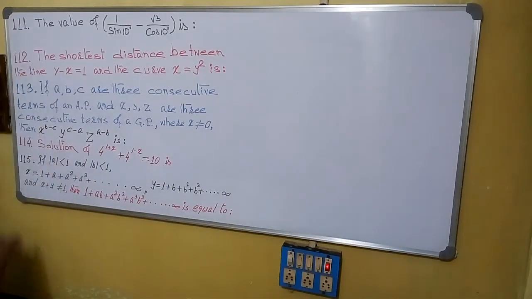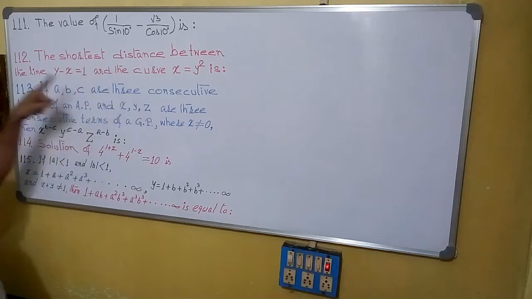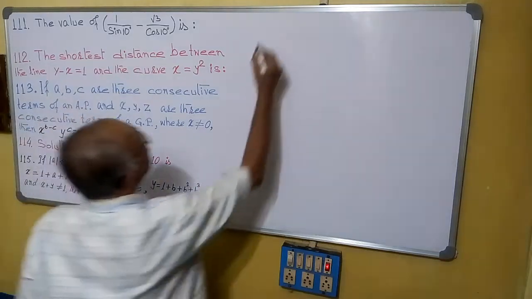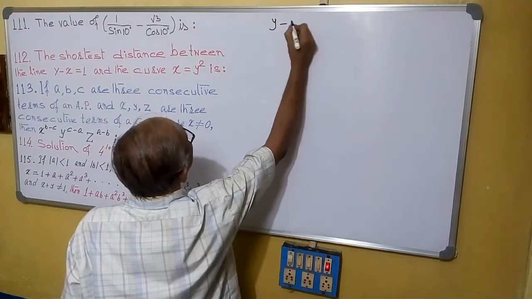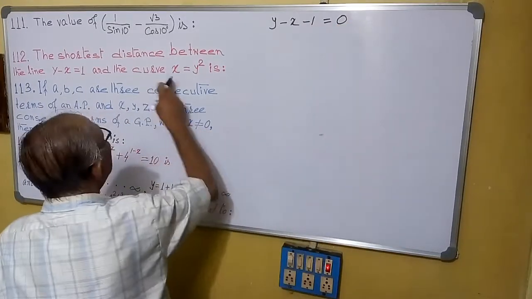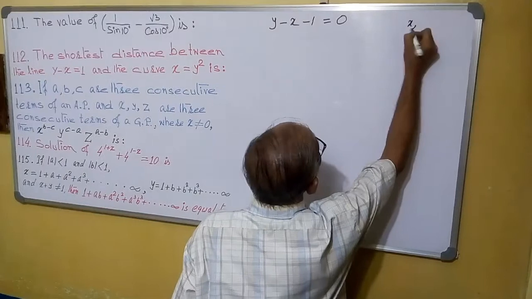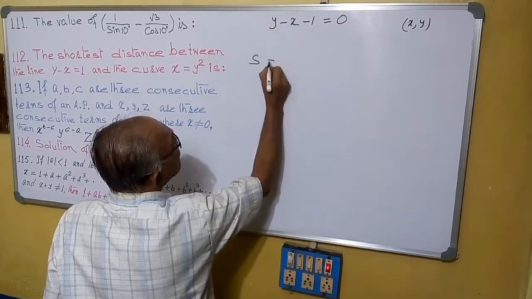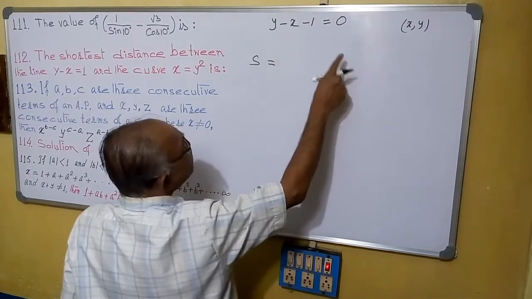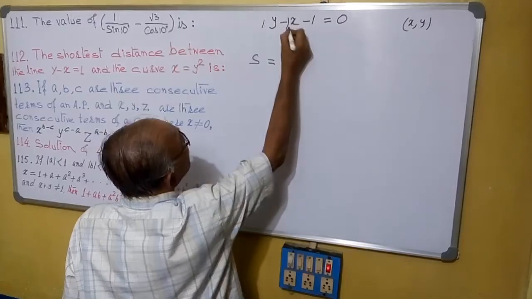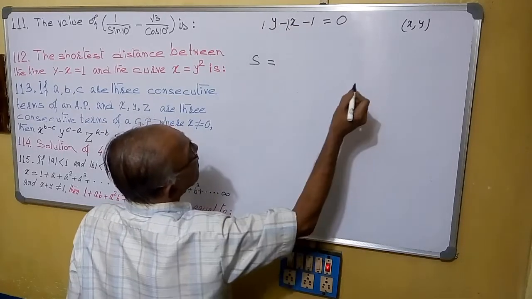Now come to this question. The shortest distance between the line y minus x equals to 1 and the curve x equals to y square. I am writing the equation as y minus x minus 1 equals to 0. And the point we are taking here is (x, y). This distance, if I am writing S equals to, this is 1 into y, 1 into x, and this is 1.